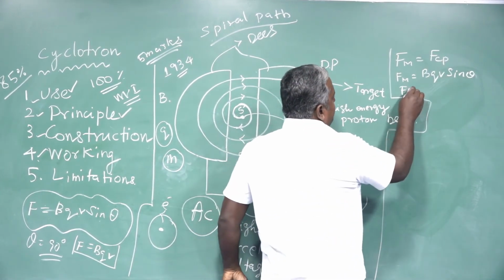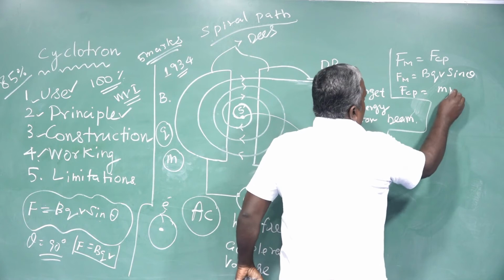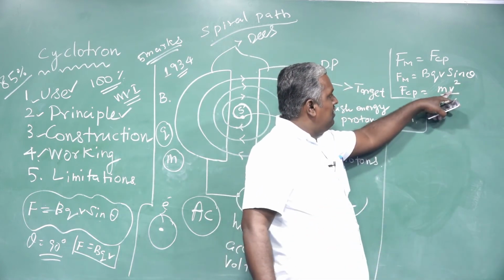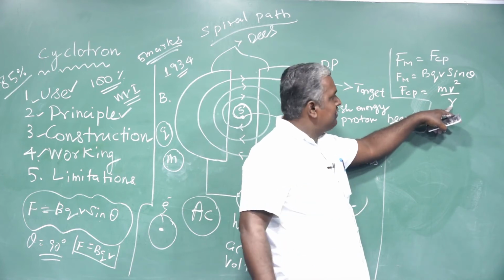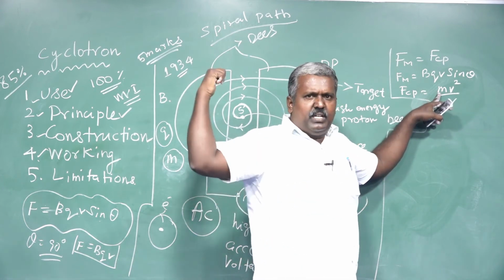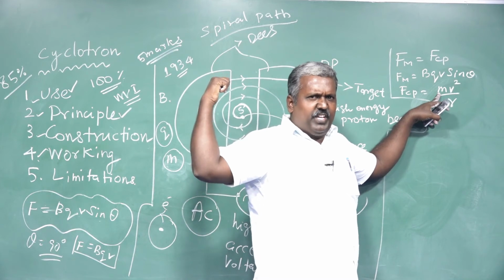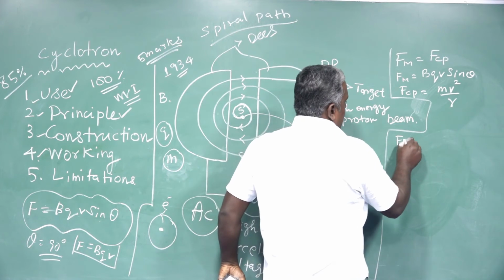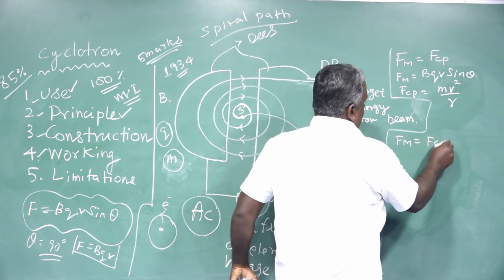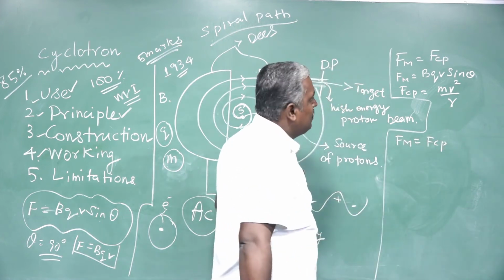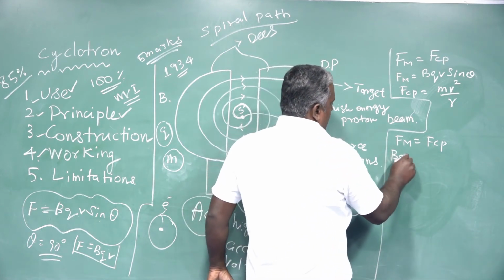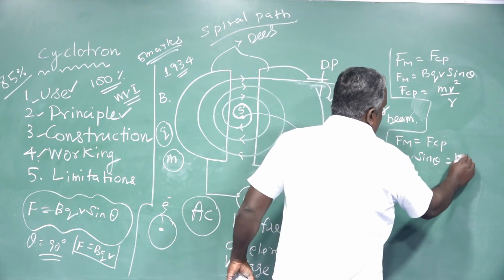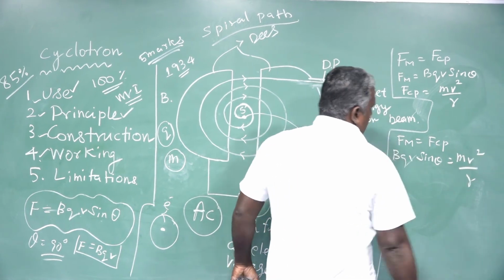Centrifugal force is mv square by r: v is the velocity of the particle, r the radius of the circular path, m the mass of the particle or ion, positive ion, for example proton here. So the magnetic Lorentz force is equal to the centrifugal force. Therefore, BQV sin theta is equal to mv square by r.